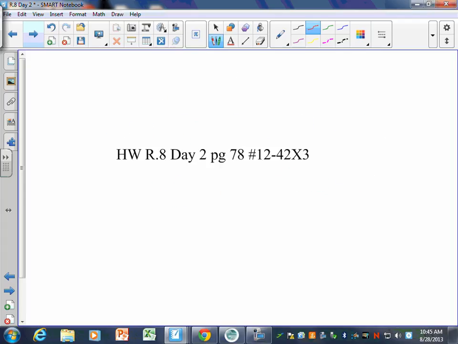This is R8, day 2, so we're back actually in section R8. You're going to do page 78, number 12 through 42, multiples of 3.